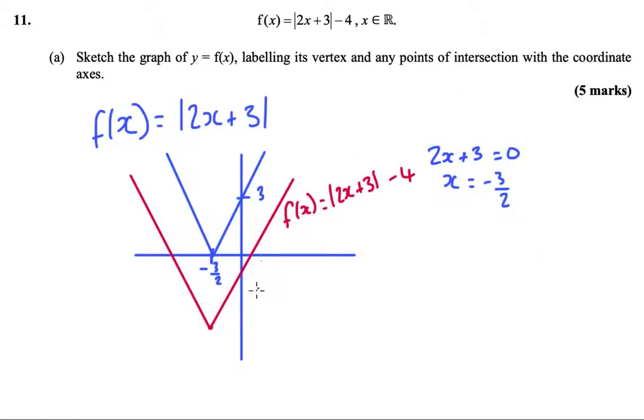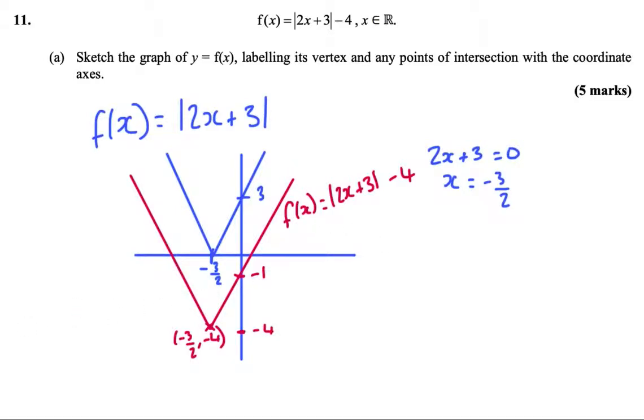Now I need all the intercepts. That's moved 4 down from there, so that's going to be minus 1. That coordinate's going to be useful to write down. That's going to be minus 3 over 2 minus 4. And these 2 points, the easiest way to deal with that is to think about how the lines were made. So it's when the function is equal to 0.